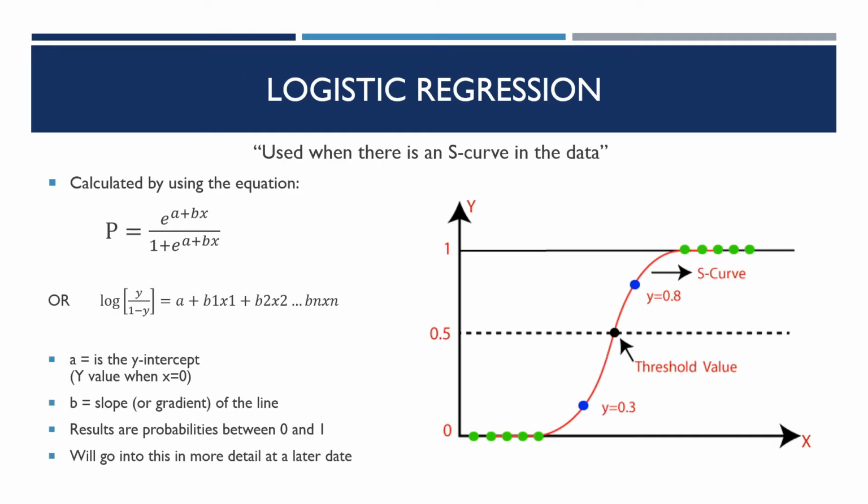The final method is logistic regression, and this is used when we assume that there is an S curve behavior. The best example I can think of, which may be very boring for you, is that I did civil engineering at university, and the S curve was very apparent when you look at concrete and how it dries.